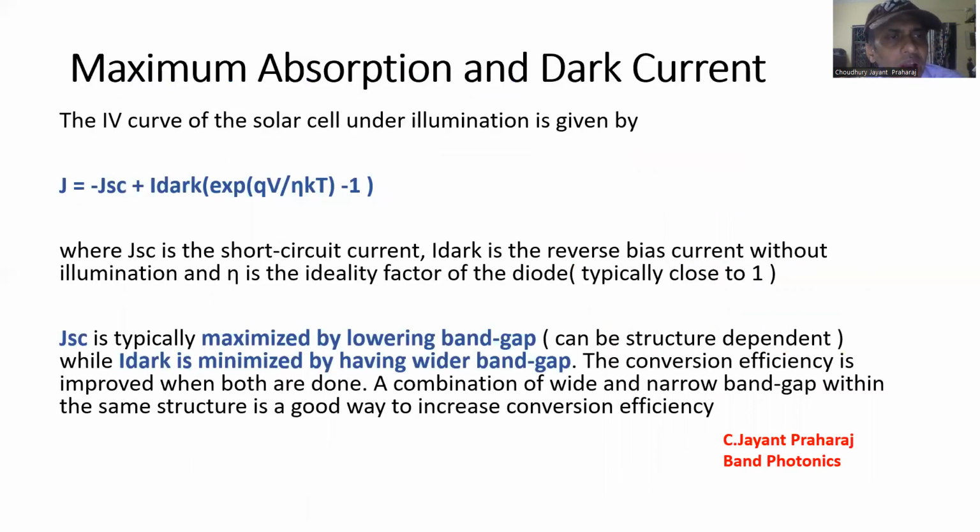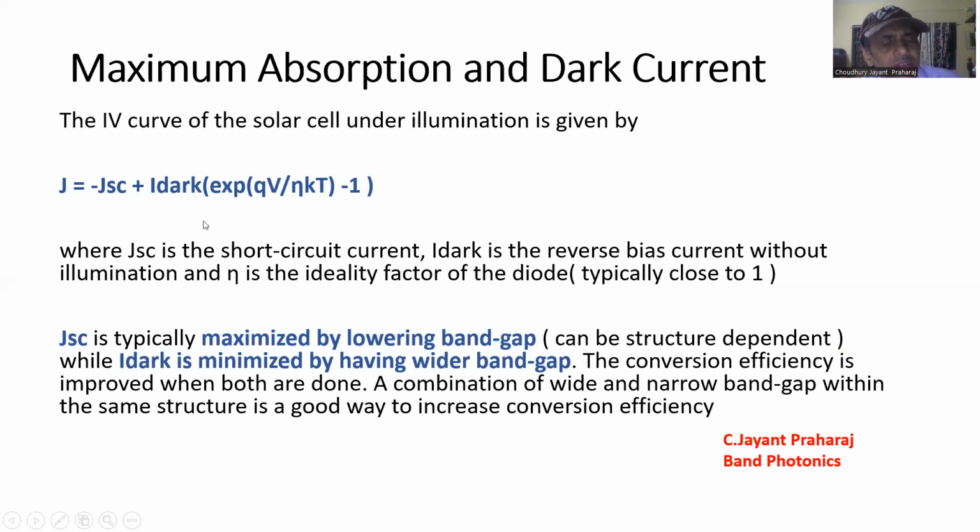In this slide, we show some details about typical current voltage characteristics, the IV curves, of the solar cell under illumination. So you can see that under illumination, the current density has components: there is a short circuit current density component, there is a dark current component, and then there is an exponential dependence on voltage, and inside the exponential dependence, there is a so-called ideality factor, or eta factor, of the solar cell device.